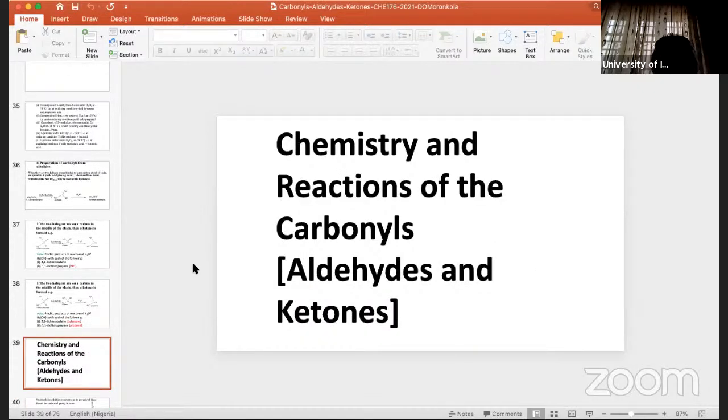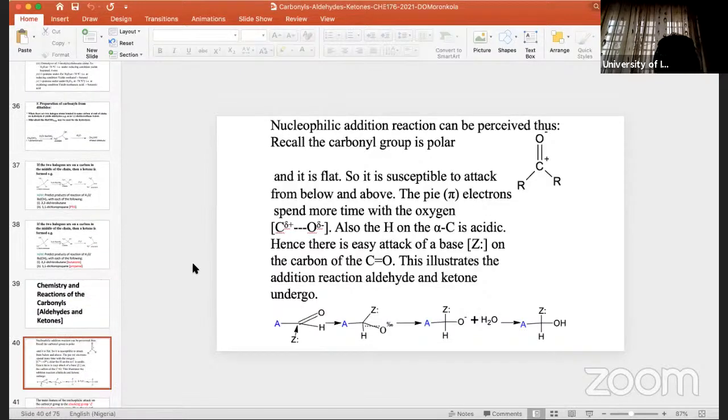Now we check on the reactions of these carbonyl compounds, and recall what I said earlier about the flat system, the carbonyl, and trigonal shape, and possibility of attack. Okay, the polarity too of the carbonyl, such that a nucleophile can easily come up to attack the electron deficient carbon, and that is why the reaction that carbonyls will undergo is referred to as nucleophilic addition reactions, where you have the nucleophile bonding on the carbon of the carbonyl.